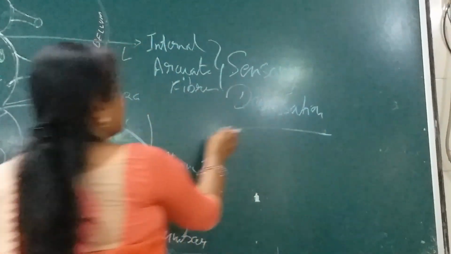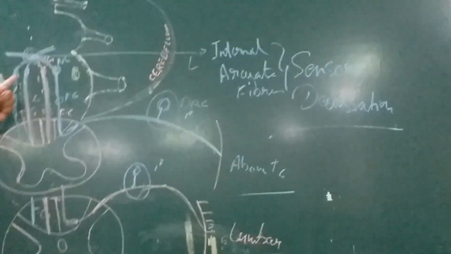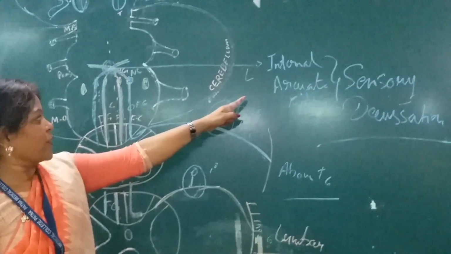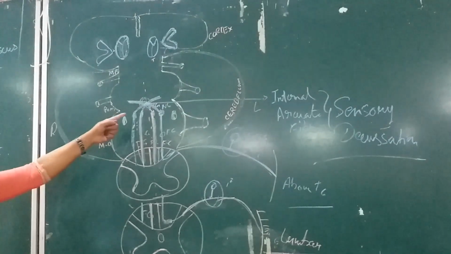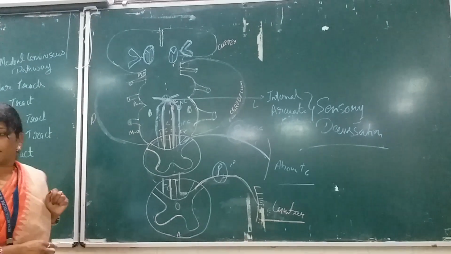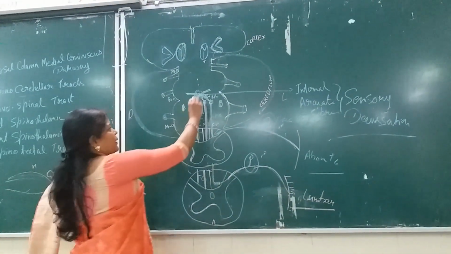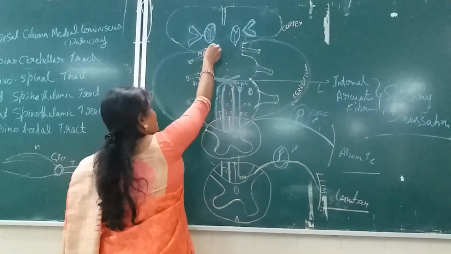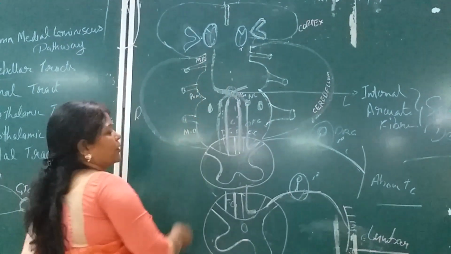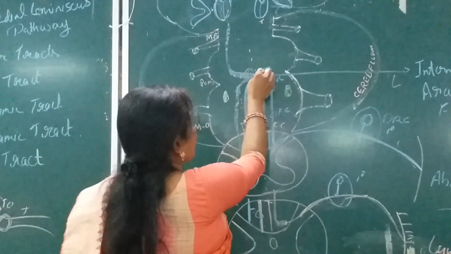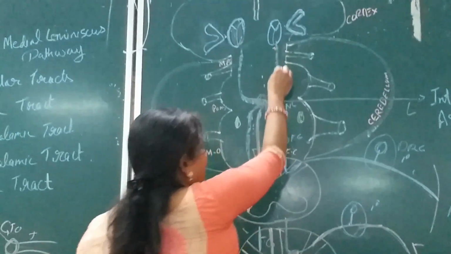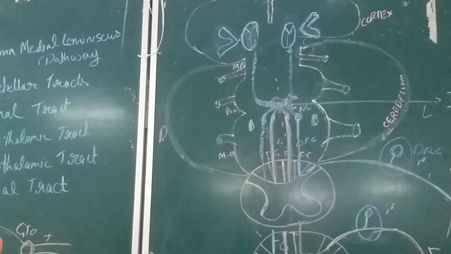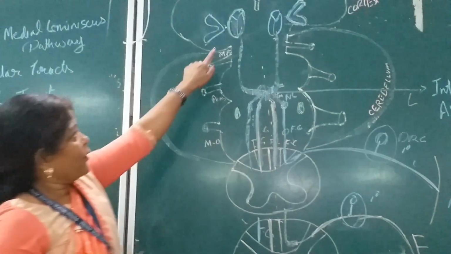After this crossing, after the formation of the internal arcuate fibers, the fibers move upwards through the brainstem to reach the thalamus. Where is the thalamus sitting?